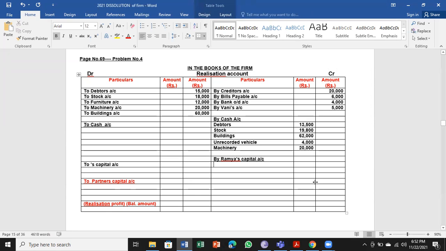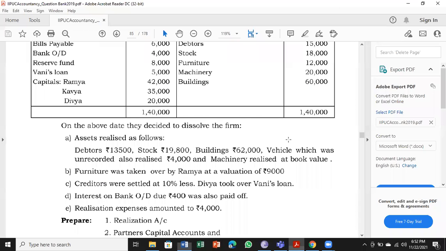That is the entry therein. Ramya's capital account debtor to realization account. Furniture, only one amount, 9,000. So there are step number 3, two possibilities. One, asset is converted into cash. Other one is asset taken over by one of the partners.